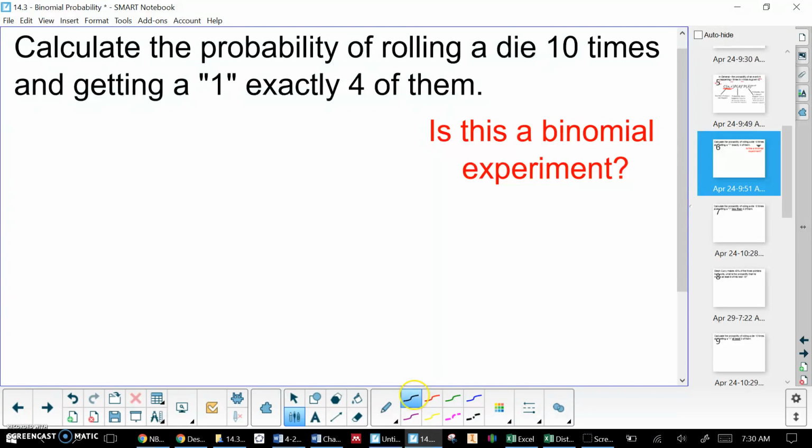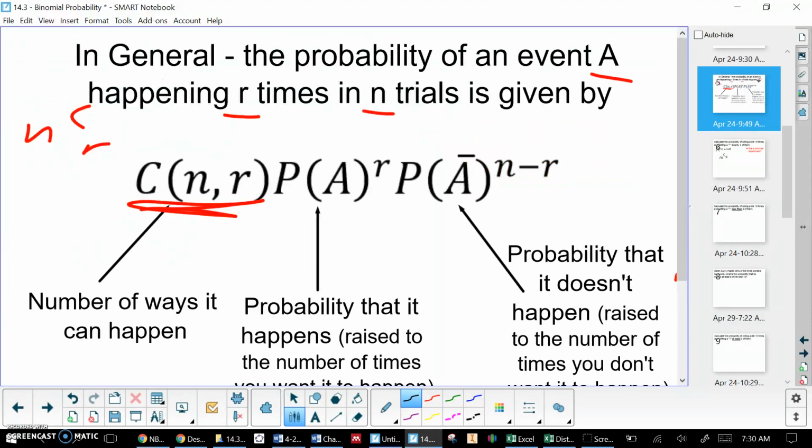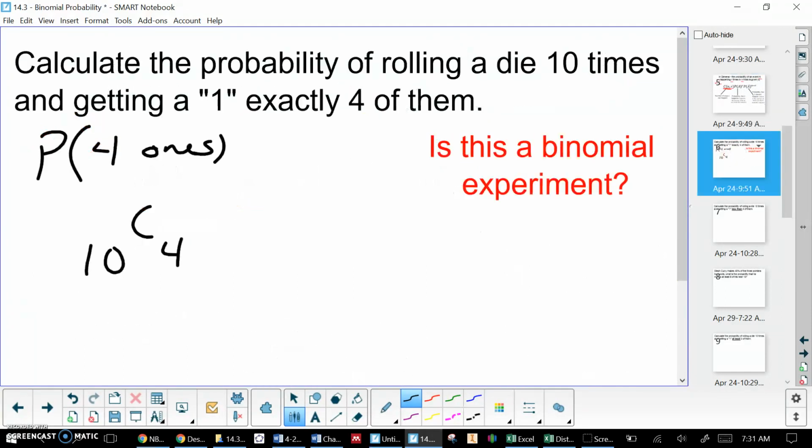Basically what we're calculating is the probability of getting 4 1s. According to our formula, that's going to be the combination 10 choose 4. Then we have to multiply by the probability of getting a 1 raised to the 4th power, and the probability of getting a 1 is 1/6, to the 4th.